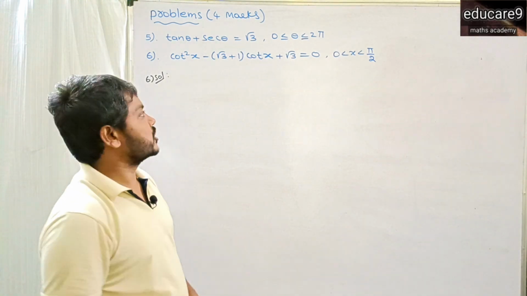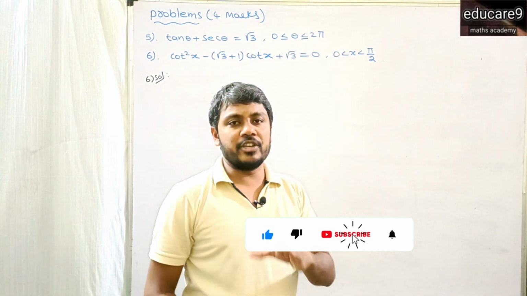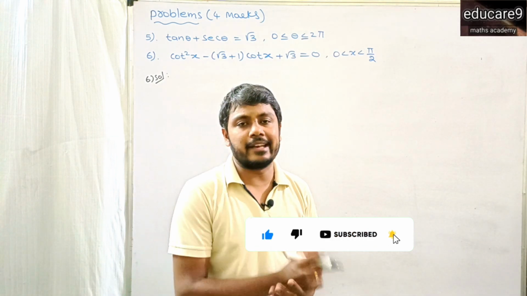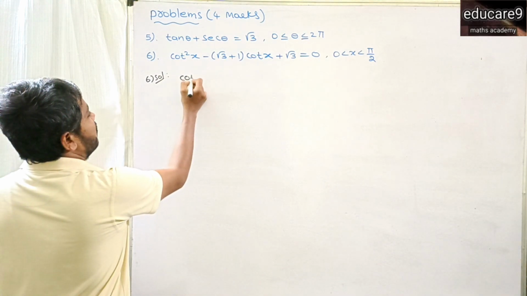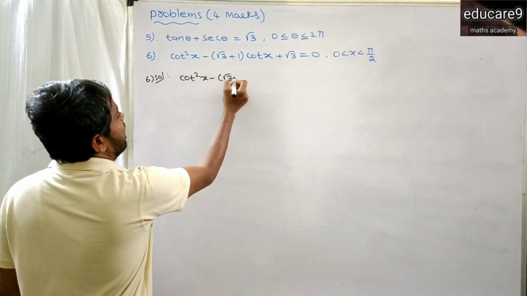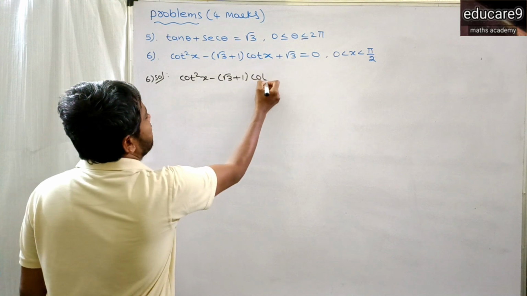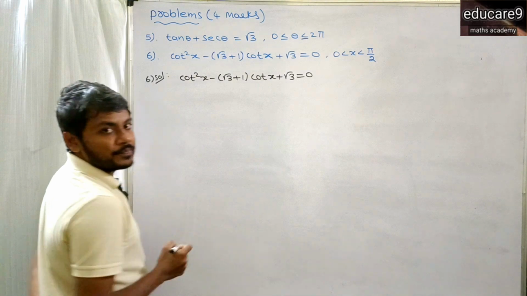So this is the solution of the given trigonometric equation. See the next, sixth question. Here also they gave an interval, meaning you need to find the solution of the given trigonometric equation. So consider the equation cot square x minus root 3 plus 1 into cot x plus root 3 equals 0.